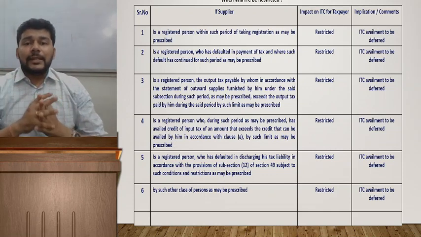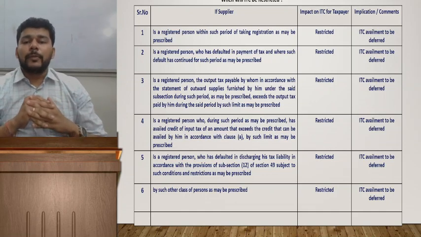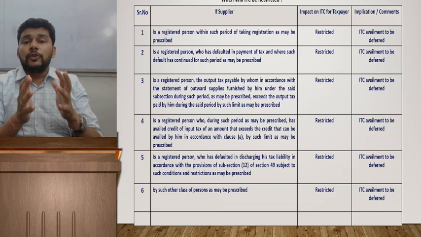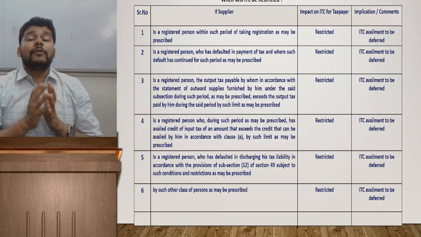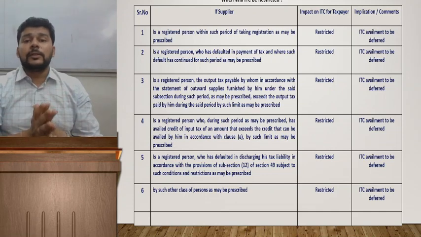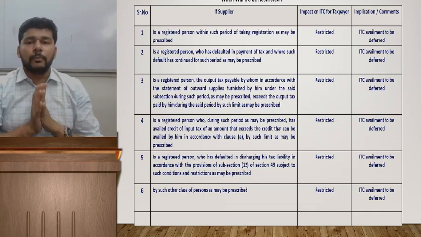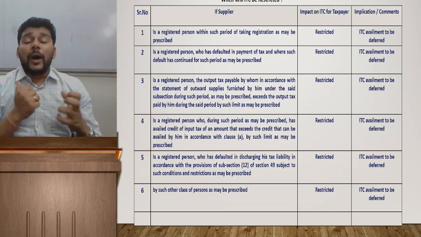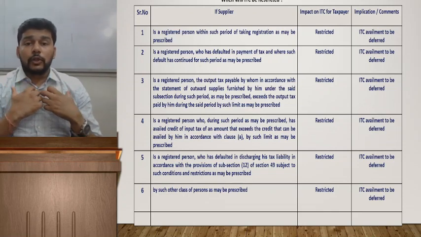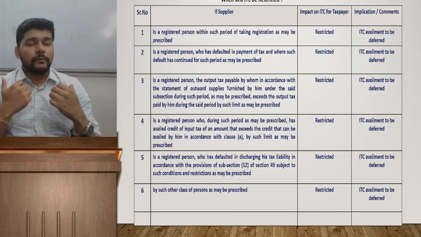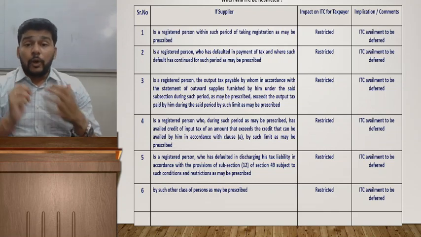So the only challenge is that if under 16(4) my time limit for availment of input tax credit has elapsed, but my vendor is not brought from the restricted category to the regular category, I have a specific issue of losing out on that input tax credit. So this is something that is going to really call for a very stringent one-on-one relation with your vendors: vendor reconciliation, vendor communication, vendor policies.